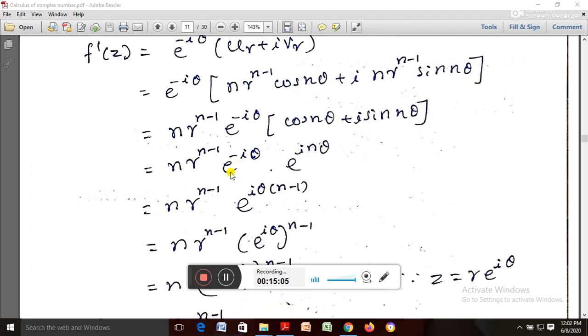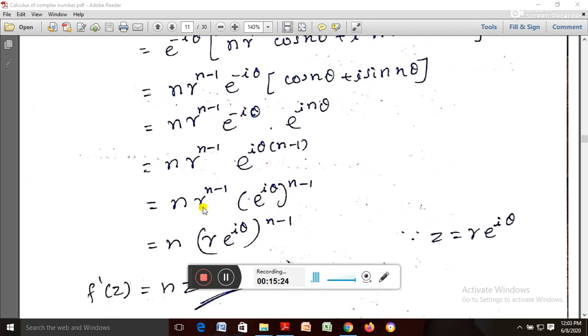Next, it is in the form of a raised to m, a raised to n, where the base is the same. So we can write e raised to i theta into n minus 1, meaning both the terms, e raised to minus i theta plus i n theta. We take i theta common, remaining is n minus 1.